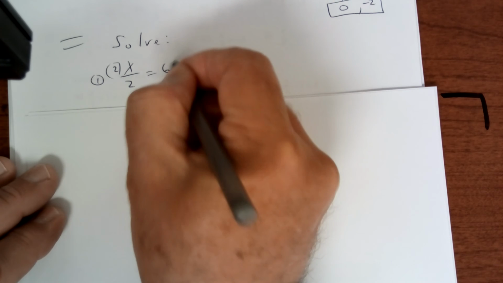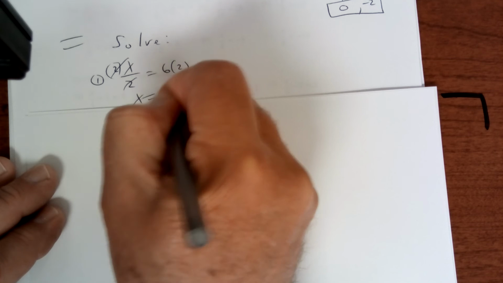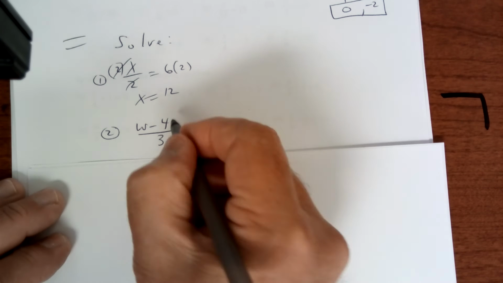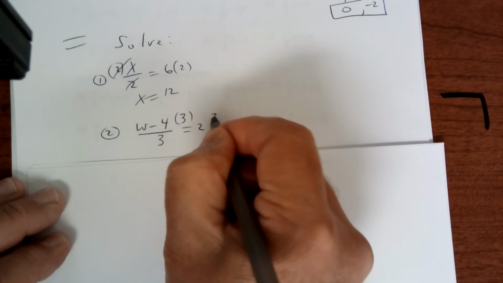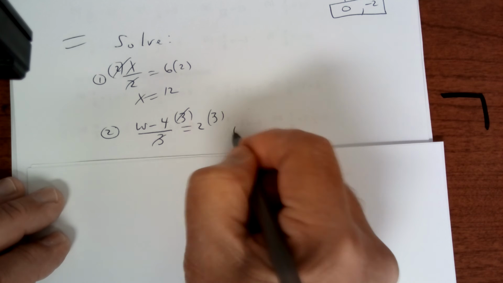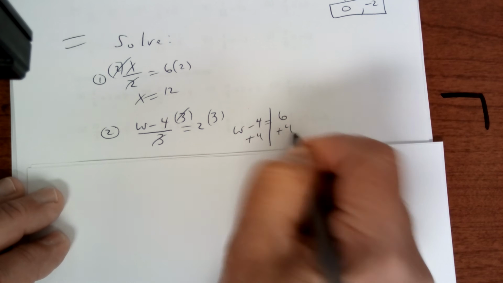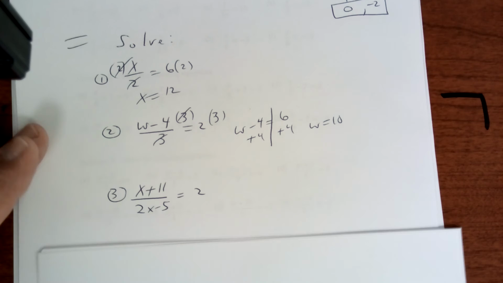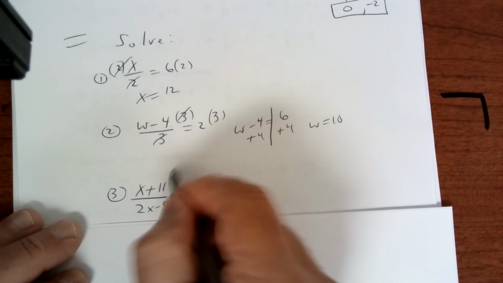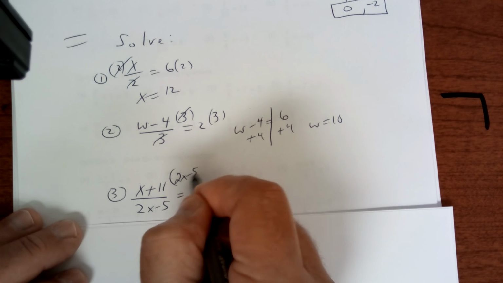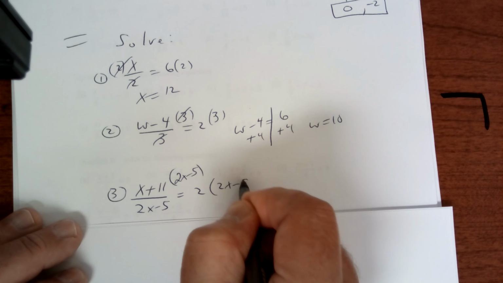This one right here, you're going to multiply by 2. So you're going to get x equals 12, just equations. This one you're going to multiply by 3, and that cancels. So you get w minus 4 equals 6. You're going to add 4 and get 10. w equals 10. This one right here you're going to multiply by 2x minus 5 on both of these. And when you do, this cancels.